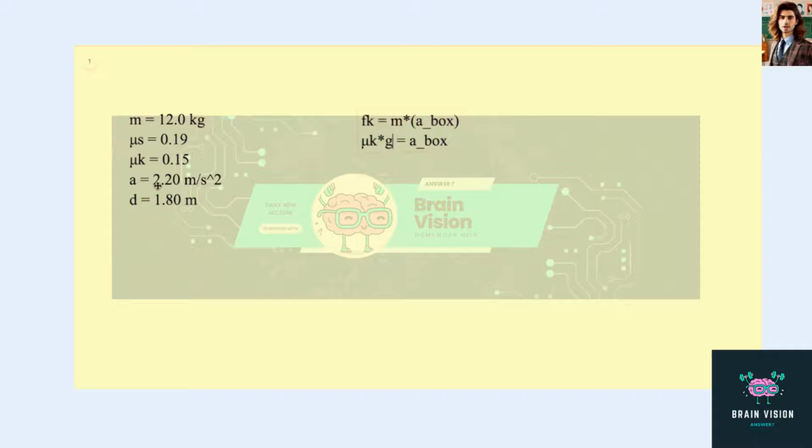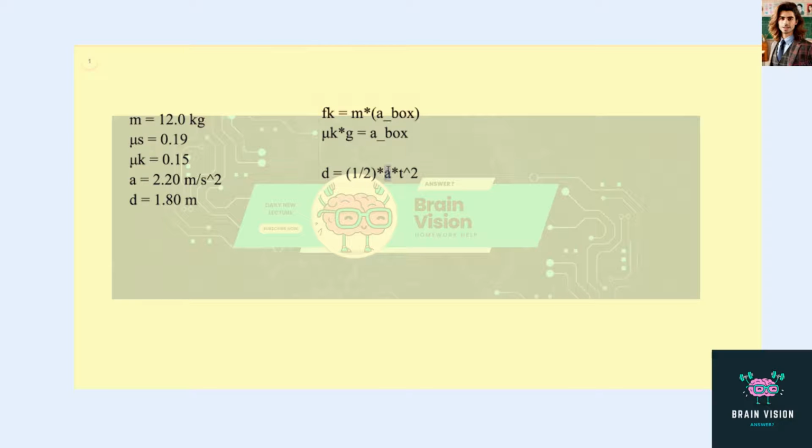Again, that's going to be different from this acceleration here. So now we want to know the time before the box falls off the truck. We're going to need a kinematic equation here. Let's use d equals v naught t plus 1/2 a t squared. Now the box is starting at rest, so v0 is 0, and we can just get rid of this term.